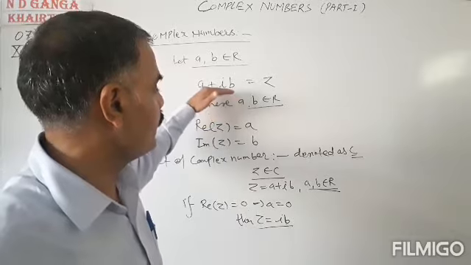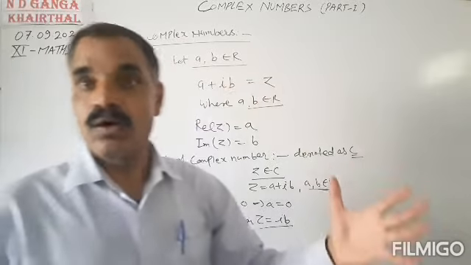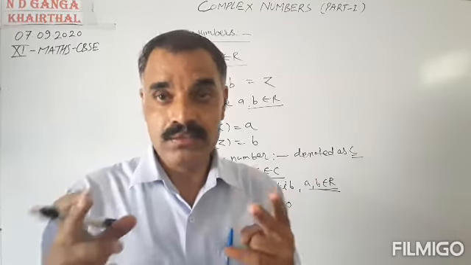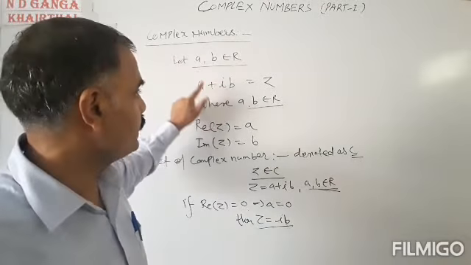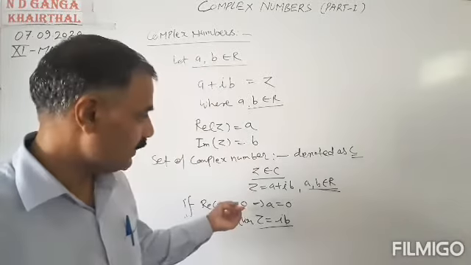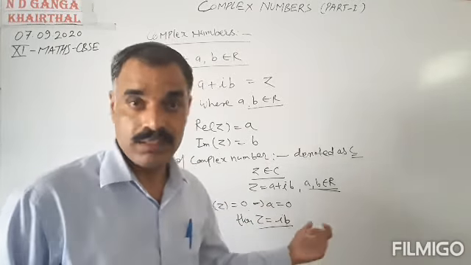The complex number z is constituted with two parts, the real part and the imaginary part. So if the real part is 0, then it is purely imaginary.